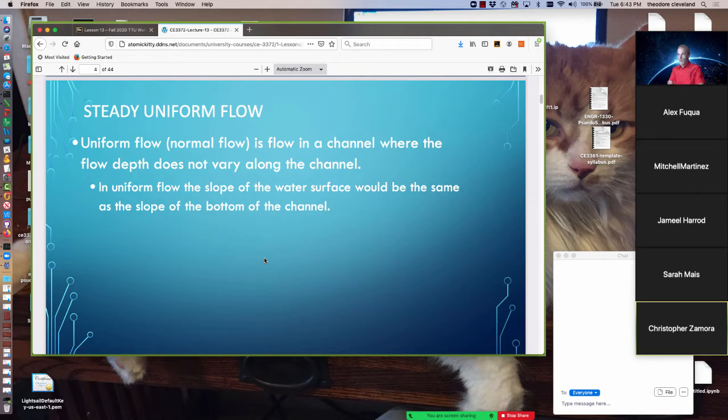And uniform flow exists in the real world. In natural channels, it doesn't sustain itself very long. It will usually revert to some type of subcritical flow. But in engineered channels, we actually can engineer them on purpose to maintain uniform flow over somewhat long distances.